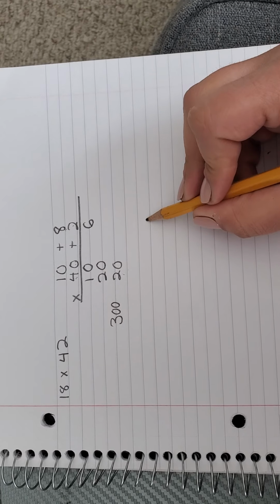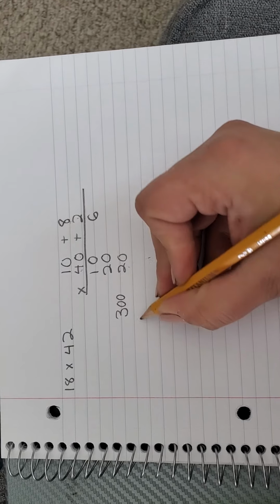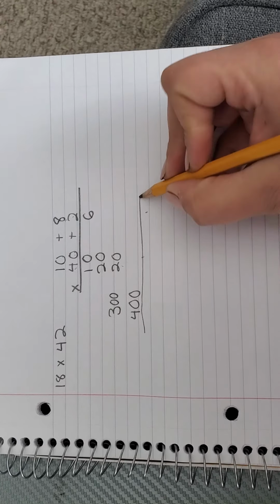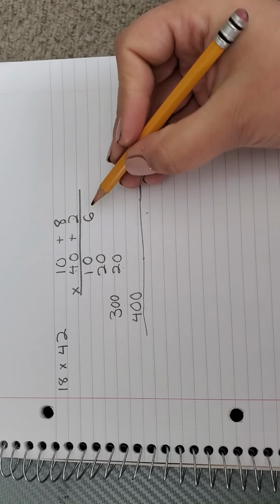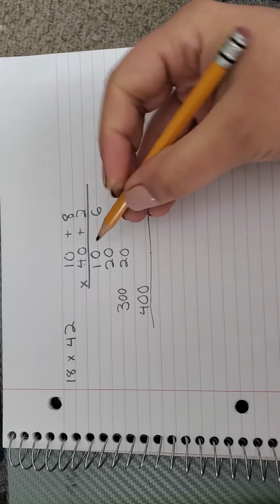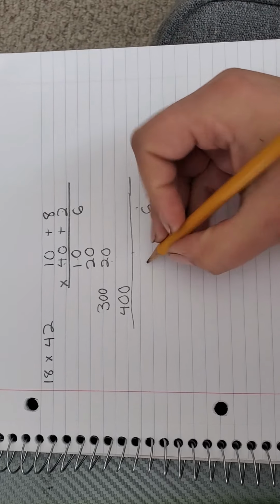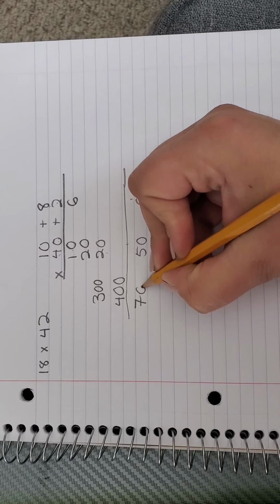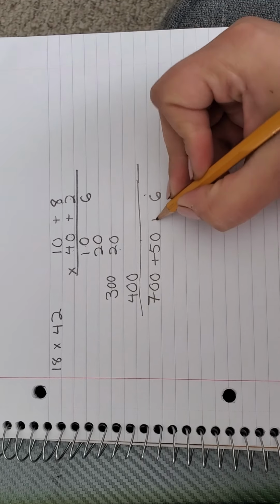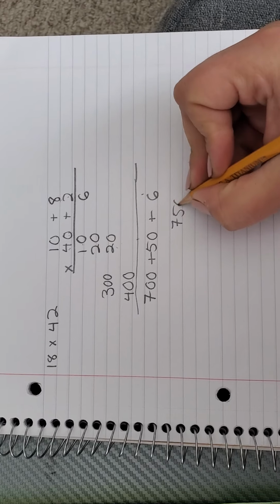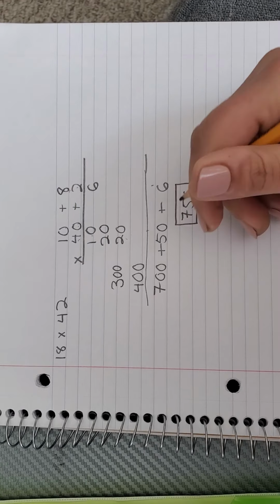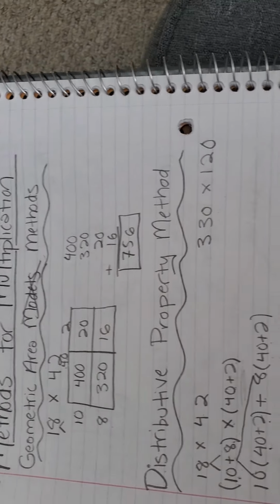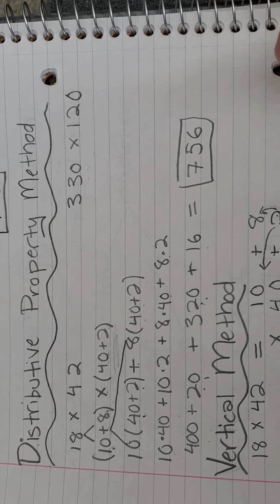So that means we have no 1s to write in, no 10s to write in, just 400 here. And from here, you add all these up in rows. So 6, we've got 50, and then we have 700, and you could add these together to get 756, which is perfect because that's the answer we've been getting in our geometric area model and in our distributive property model.